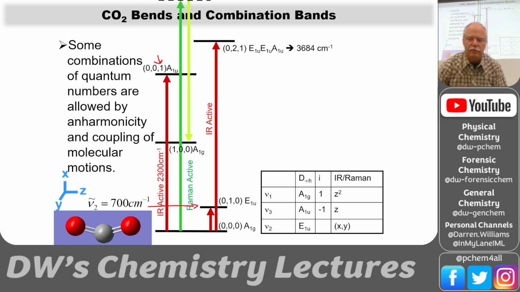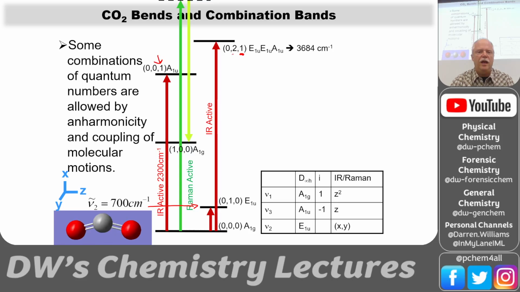Look at the quantum numbers for that one. You see it's one quantum excitation in nu 3 and 2 excitations in nu 2. And so we have symmetries associated with those. So it's this one here. This is the 001, and 2 of these.